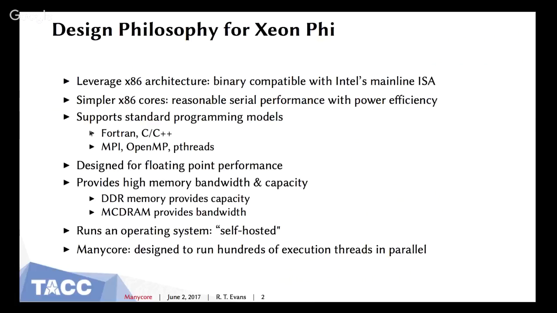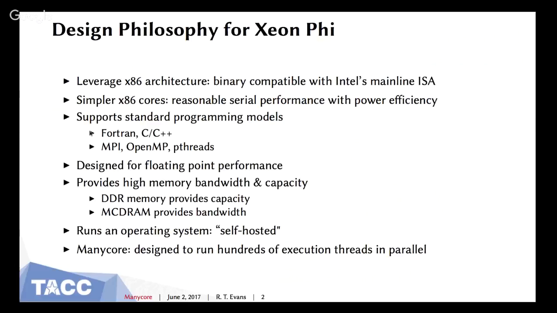So it's not like running on a GPU where maybe you need to write in CUDA or OpenCL. You can just use C, Fortran, C++. You can use MPI libraries, OpenMP. All of this works fine. This is one of the reasons we chose this architecture. We weren't looking forward to trying to teach 4,000 users how to use CUDA.